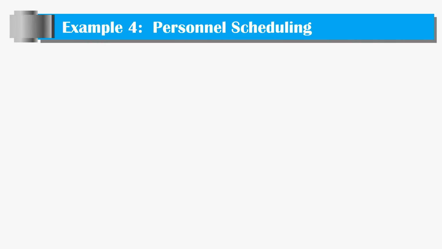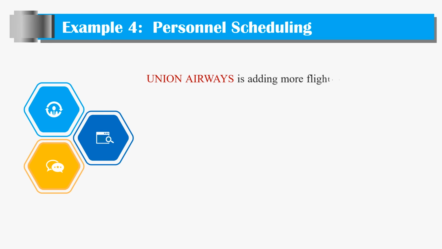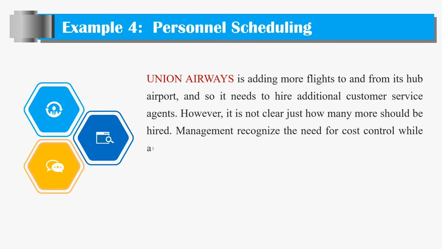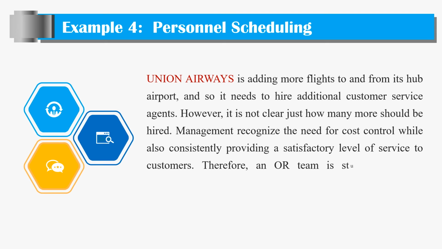Now we introduce the last example, example 4, personnel scheduling. Union Airways is adding more flights to and from its harbor airport, and so it needs to hire additional customer service agents. However, it is not clear just how many more should be hired.